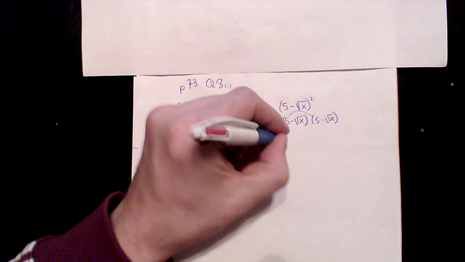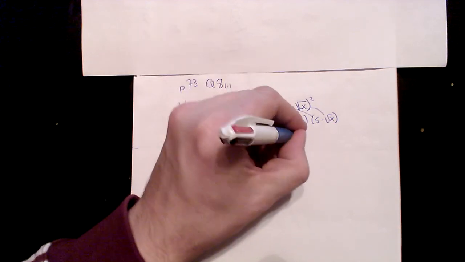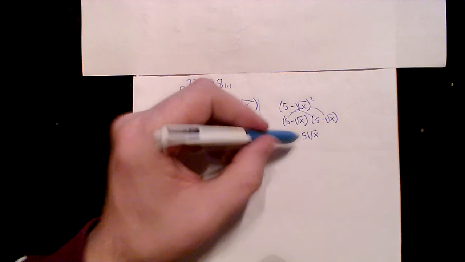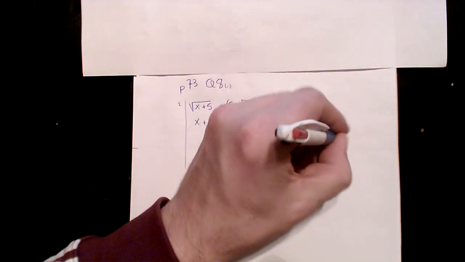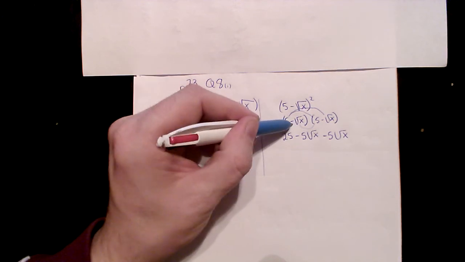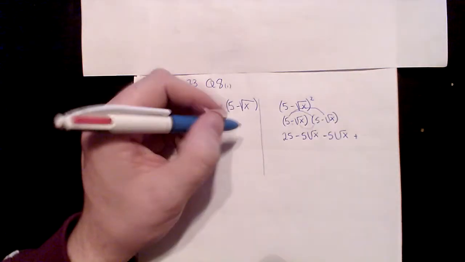So 5 by 5, 25. 5 by minus root x is minus 5 root x. And then this one, minus 5 root x by 5, is another minus 5 root x. And then minus root x by minus root x, well, minus and minus multiplied together, like signs give plus.